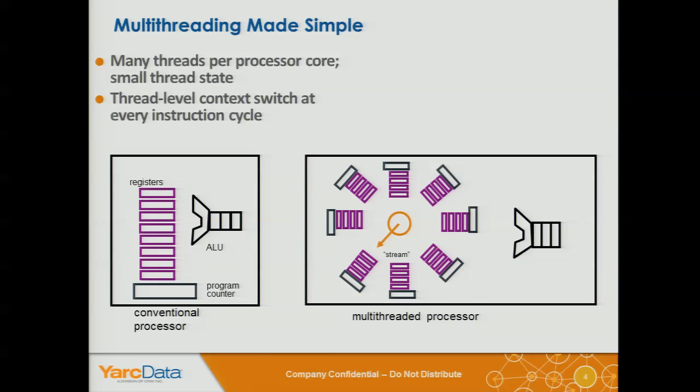And then it will execute, and it will keep on being placed back in the ready pool until it has a remote memory reference, and then it's placed in the wait pool. And it will hang out in the wait pool until the memory request comes back from the memory subsystem, and then it's moved forward to the ready pool. So it's a very dynamic algorithm, and that's basically the secret of the whole multi-threading process.